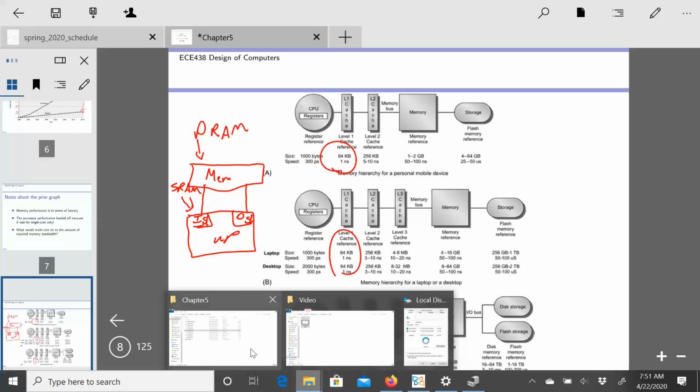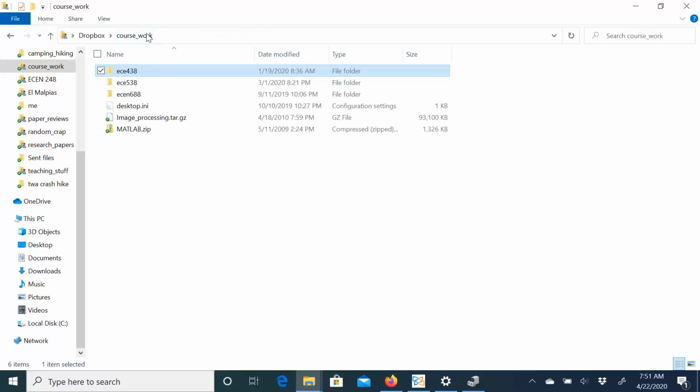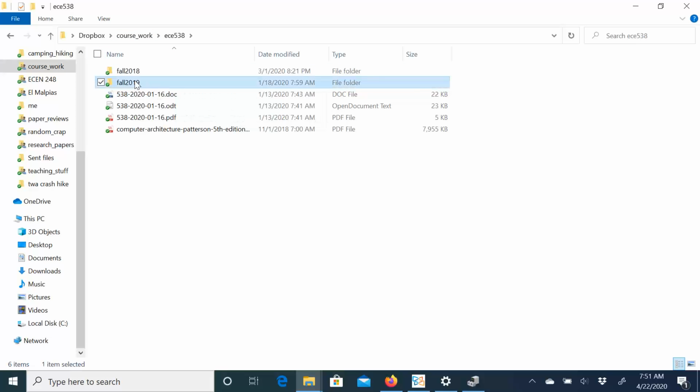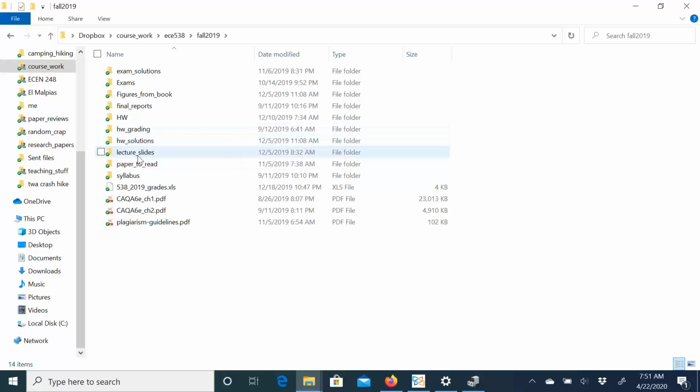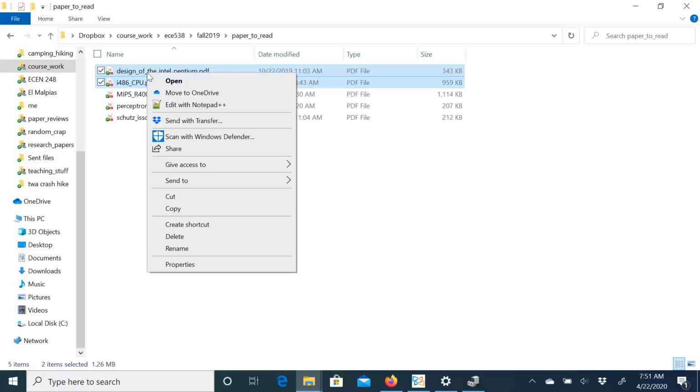One of the things they said was that with the unified cache, one of the advantages of a unified cache is that, let's see, I store this in my 438. Let me go ahead and open both of these in case I need to reference them in this discussion.